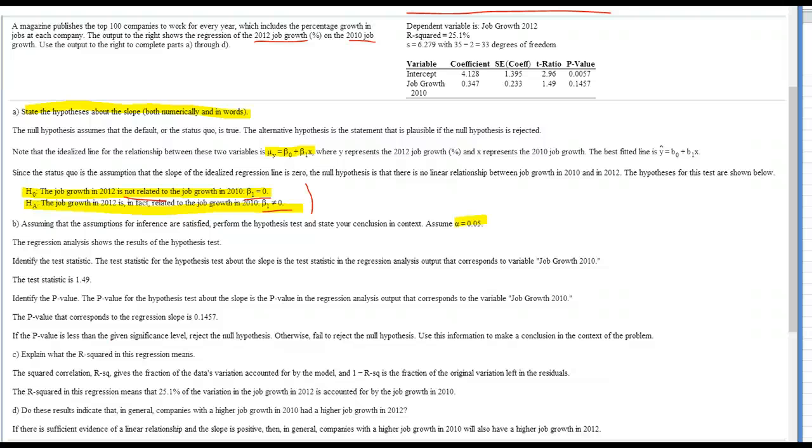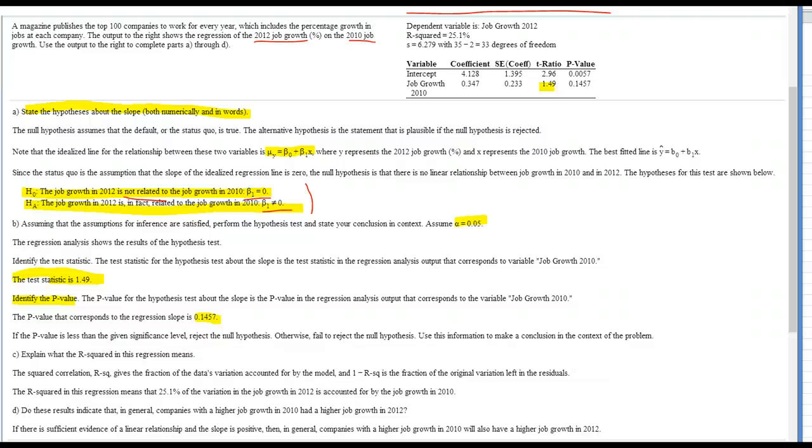The t statistic is 1.49, the t ratio, which is the ratio of the coefficient to the standard error. The p-value in this case is 0.1457. How does that compare to your alpha value? The p-value is greater than your alpha value.